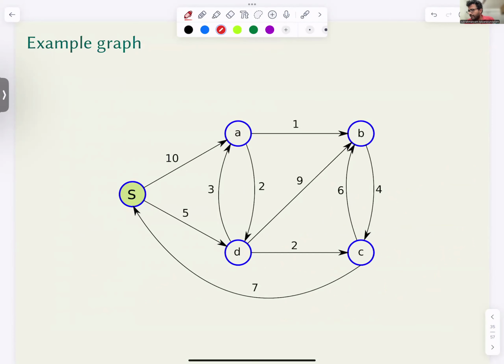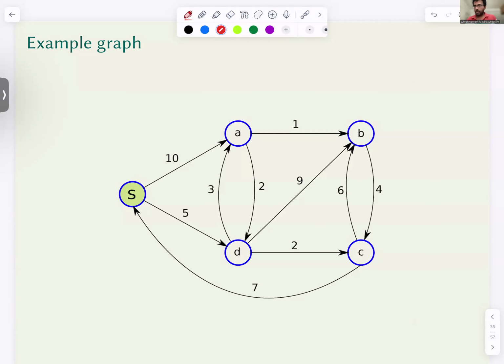But before that, suppose in this graph you want to find the shortest path using breadth first search. Is there some way you can do it using breadth first search? Suppose you can modify the graph somehow. Given this graph, you can construct some other graph.